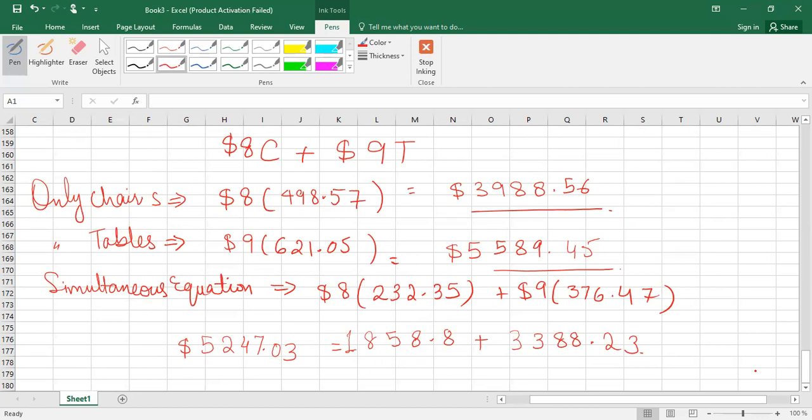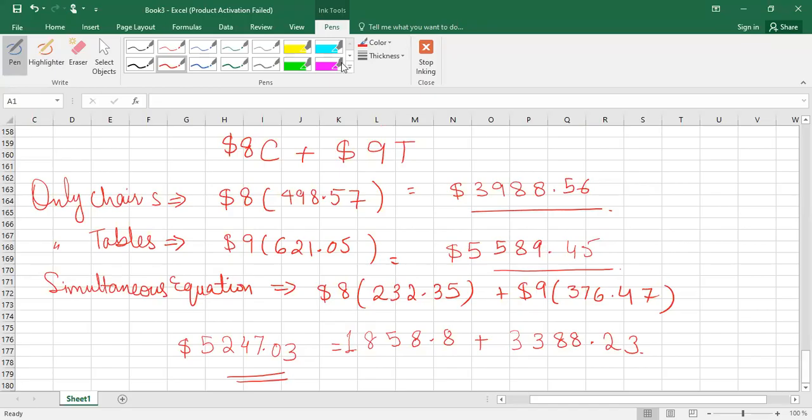So the maximum contribution did not come with the simultaneous equation, which gives 5247. The maximum contribution came up with this value, 5589.45.